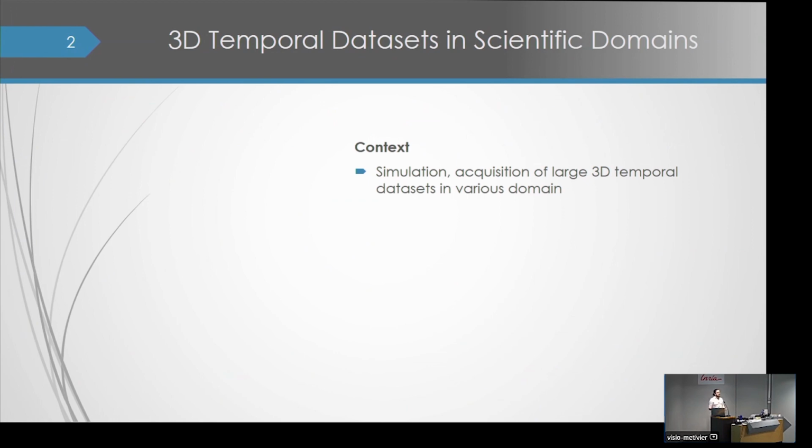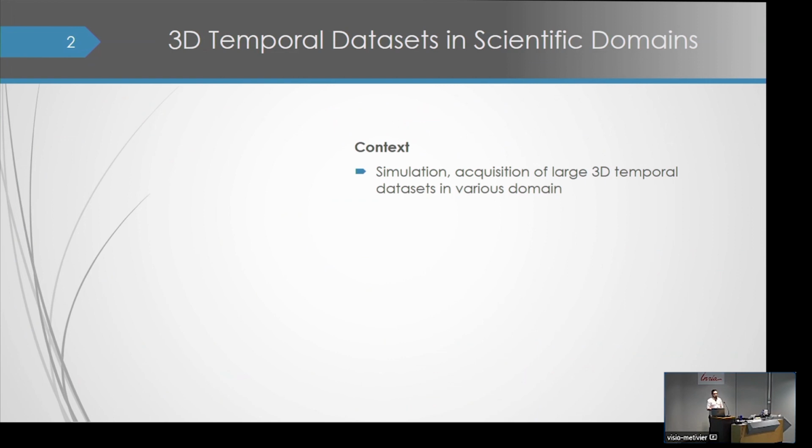So first, to put things back in context, 3D temporal datasets are getting more and more common in scientific domains because of the progress in simulation and acquisition of large temporal 3D datasets, as well as the surrounding technologies for analysis and storage of this data.